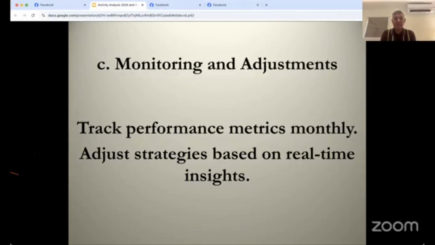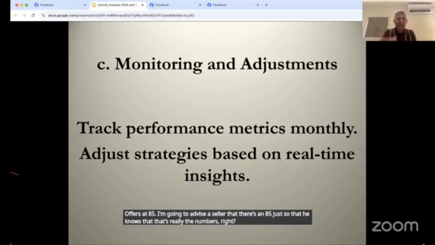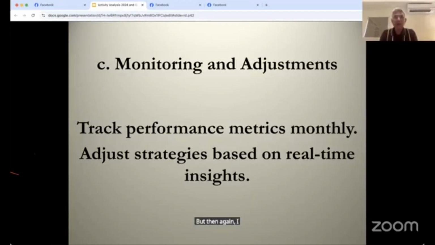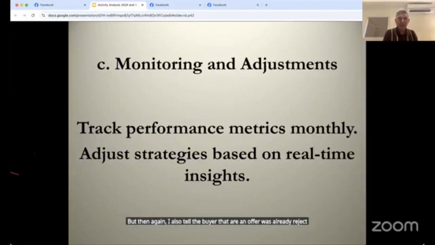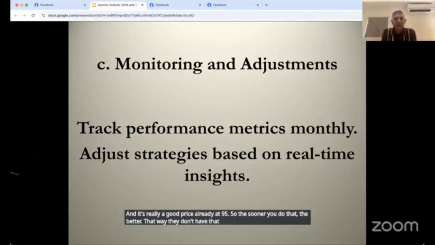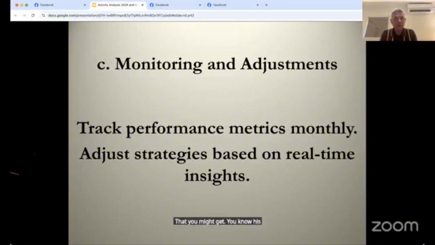Buyer offers 85. I'm going to advise the seller that there's an 85 just so that he knows that that's really the numbers, right? But then again, I also tell the buyer that an offer was already rejected at that price. And it's really a good price already at 95. So the sooner you do that, the better. That way they don't have that time frame in their mind that there's just a chance that he might get his offer. All right. Next slide.